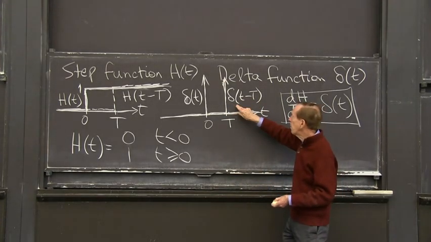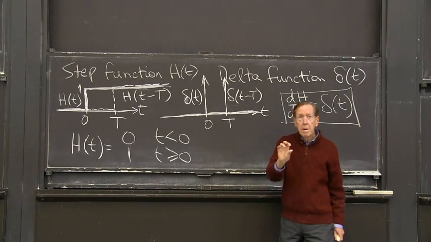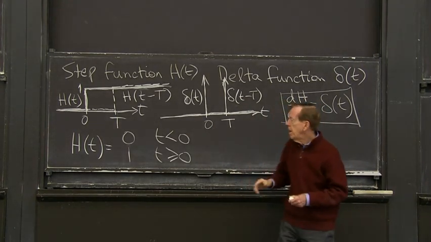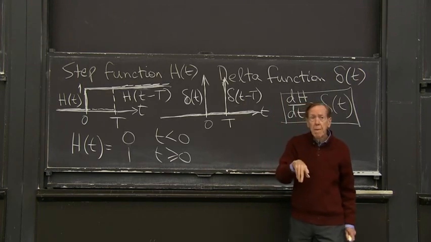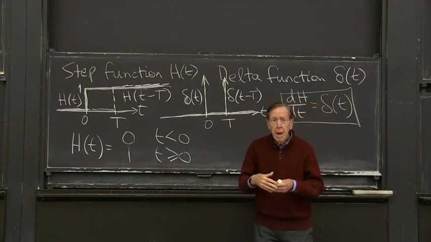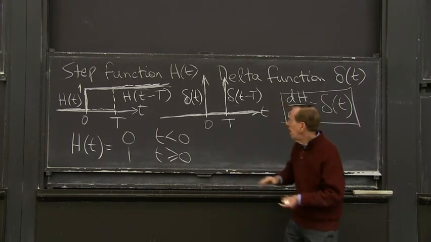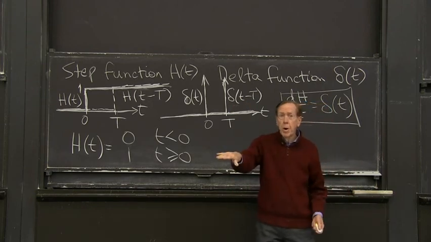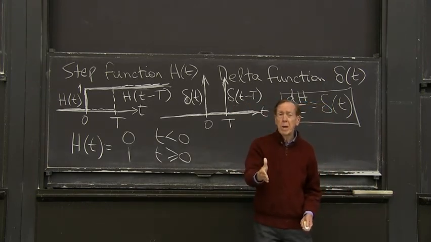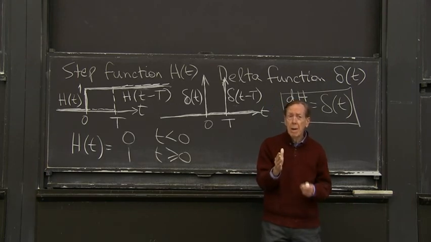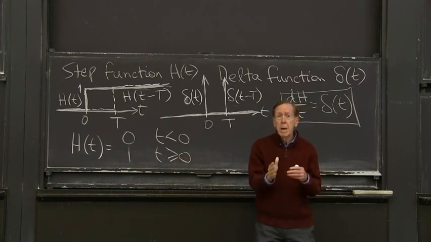So this is what I would use. If that was the source term in my differential equation, what would that mean? If this was the q of t in the differential equation, reflecting input at different times, that function would say no input except at one moment, at one instant, capital T. At that instant of time, you put 1 in.